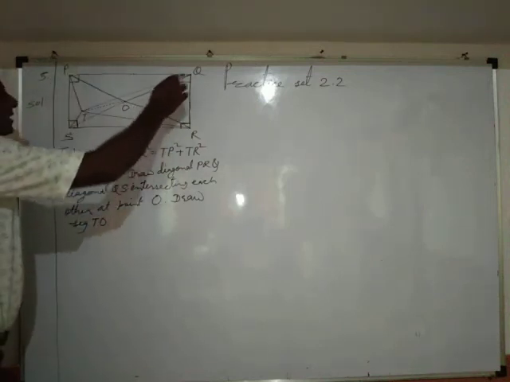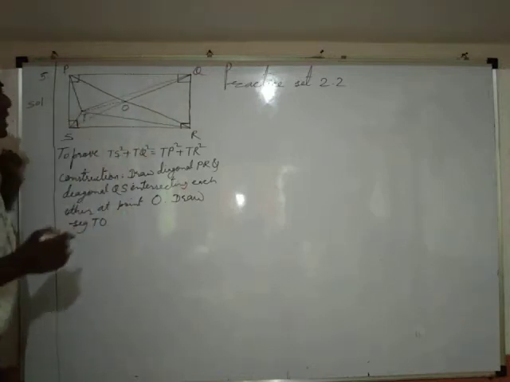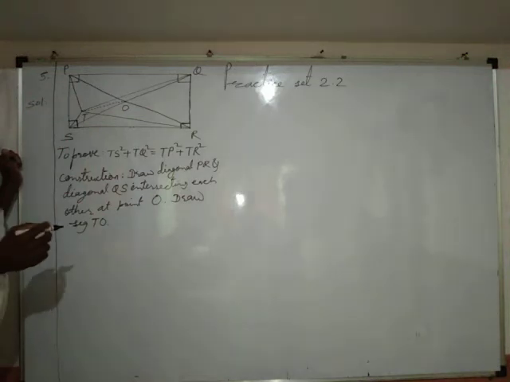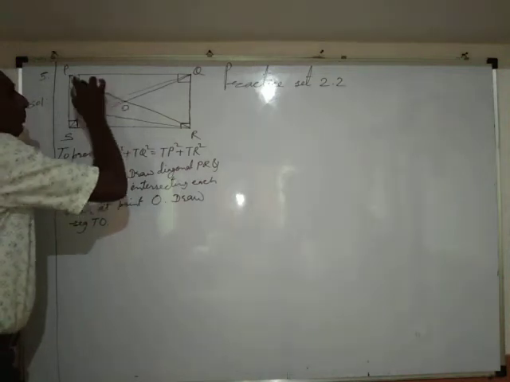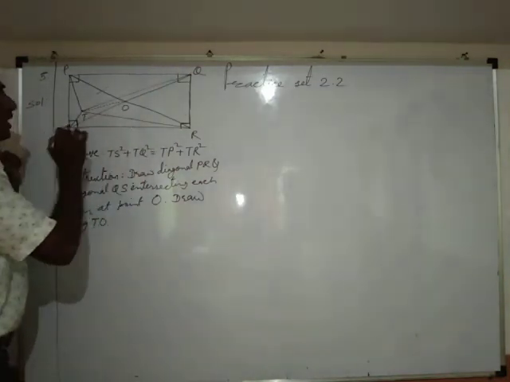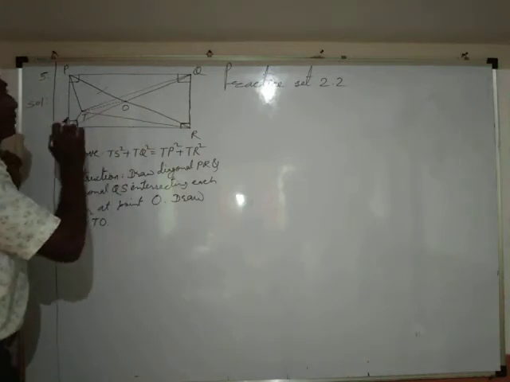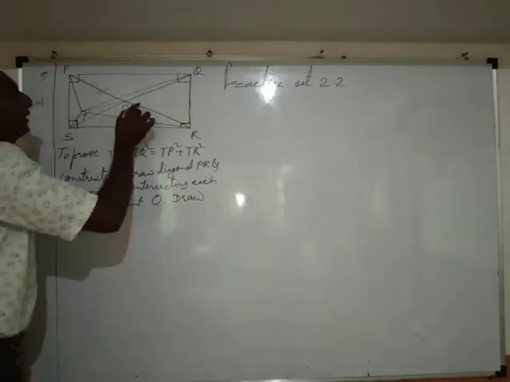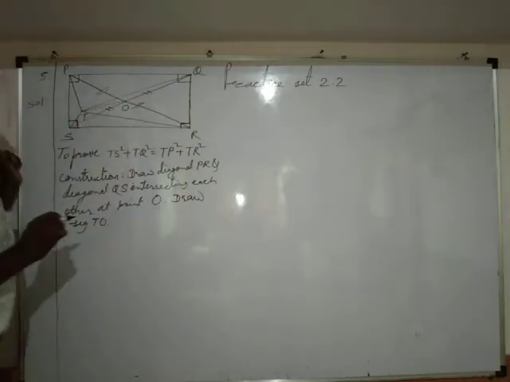Seg PR and seg QS are diagonals of quadrilateral PQRS, and quadrilateral PQRS is a rectangle. We know that diagonals of a rectangle are equal and they bisect each other. Means PR equals QS and O is the midpoint of PR as well as of QS, and therefore OP equals OR equals OQ equals OS.